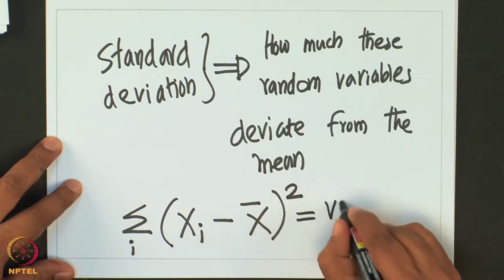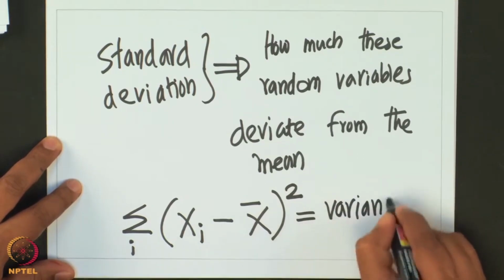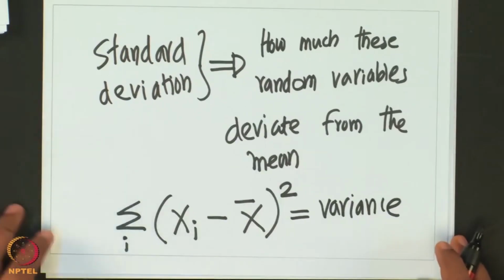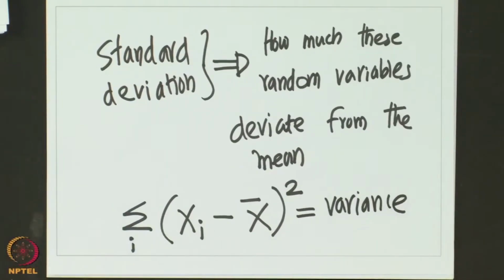So this thing is called variance, and the square root of this variance is called the standard deviation. So let's write.